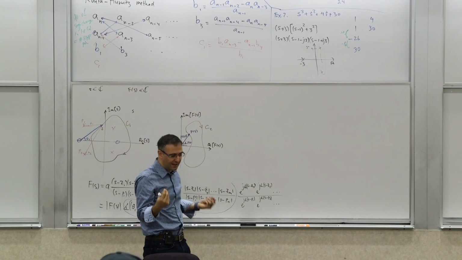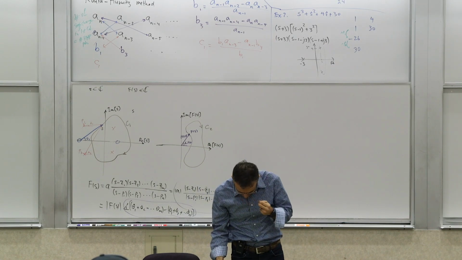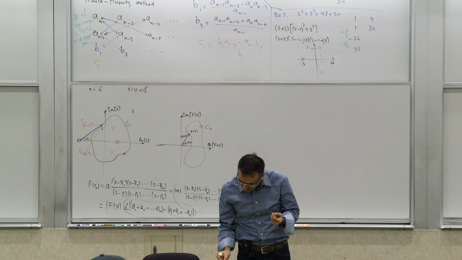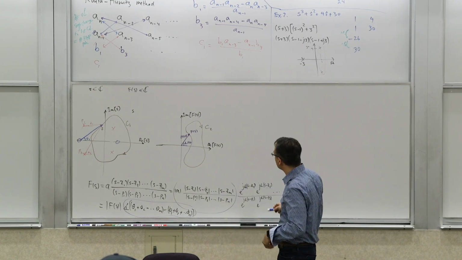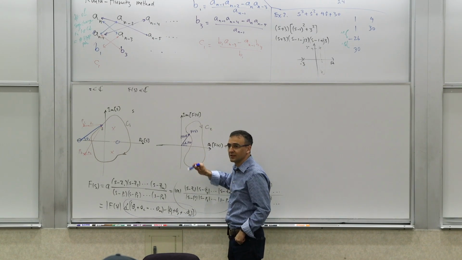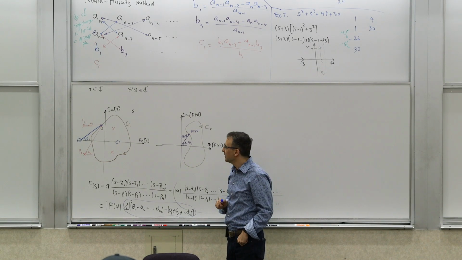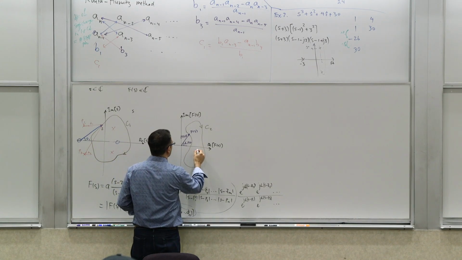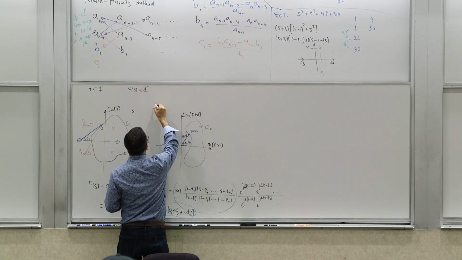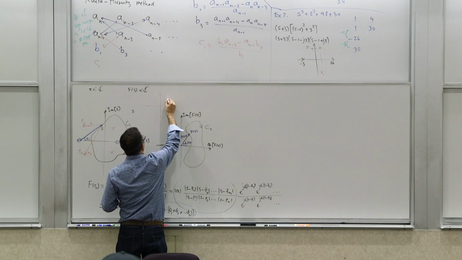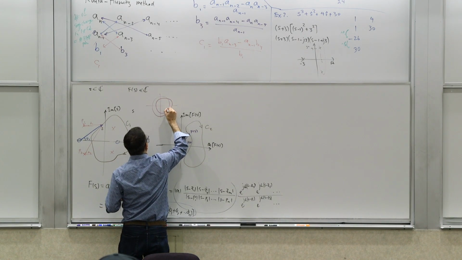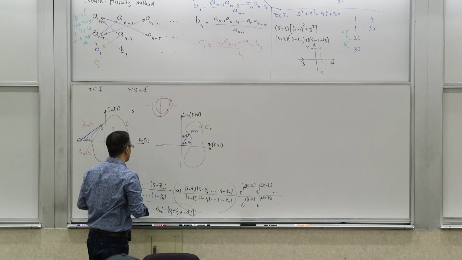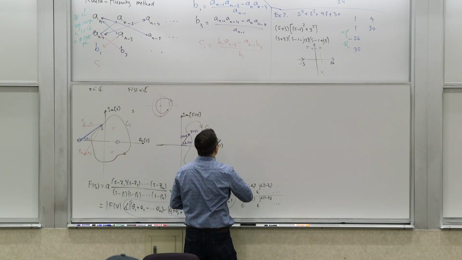So what it tells us is something quite simple, right? It says that the number of the encirclements of the origin in this plot, so if we had this thing, our plot would look something like this. So the number of times that the origin is encircled, let me just write this down explicitly.